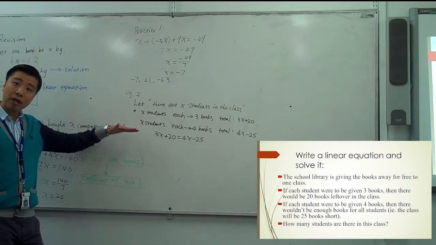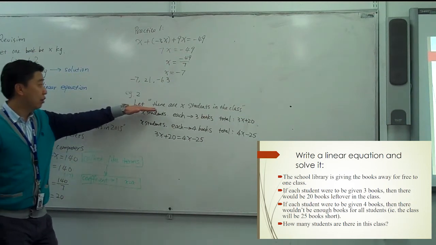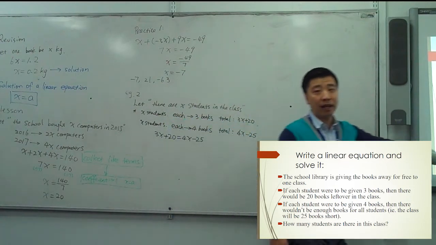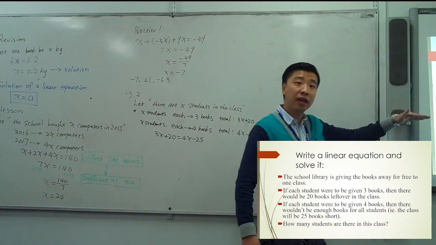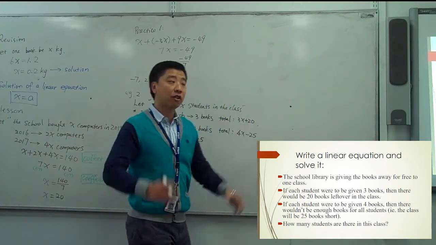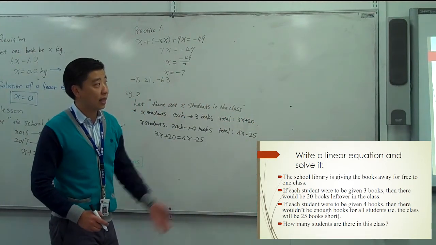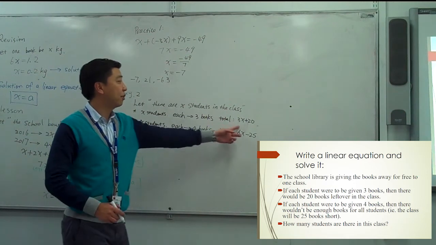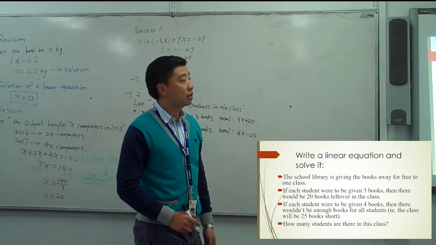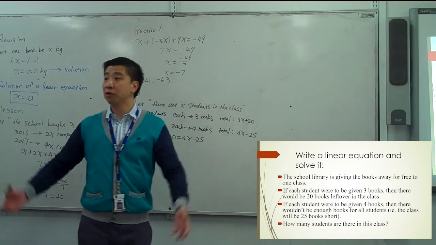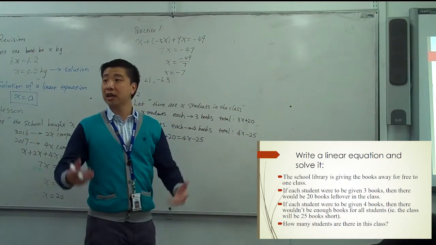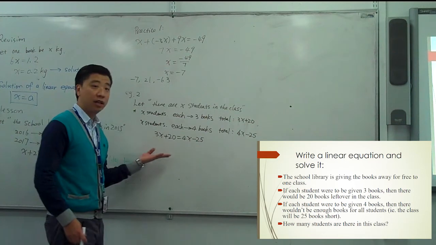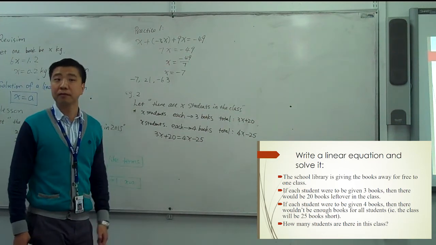So this is the way you write equations. Firstly, you write let. After you write let, you go back to read the question and follow the descriptions. The description said each student 3 books, so 3x. And then 20 books left over, that means 20 books more. You plus that. Short, you take away that. And then they are equal, they are the amount of the books.